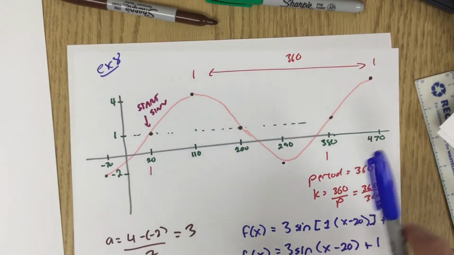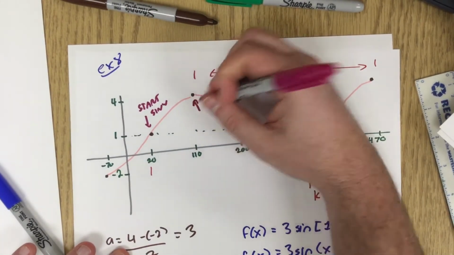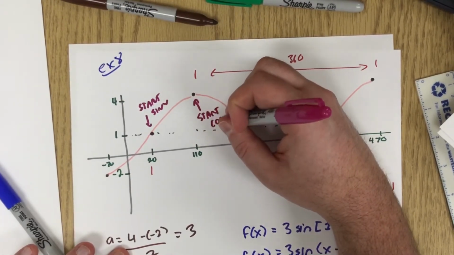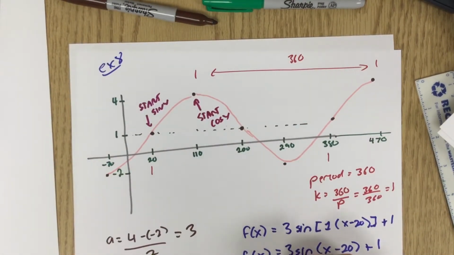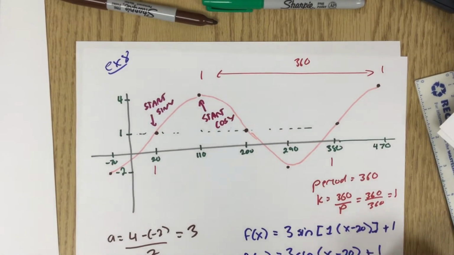And of course, much like the other one, we could do an alternative thing. We could say, well, actually we think it's a cosine graph, which starts over here, which would make the answer 3 cos of x minus 110, plus 1.